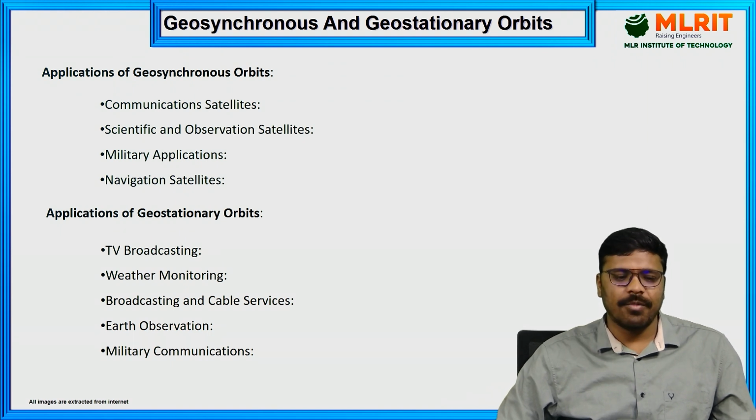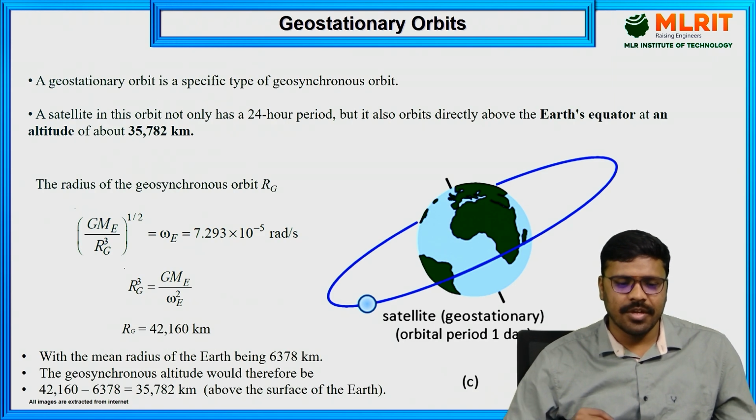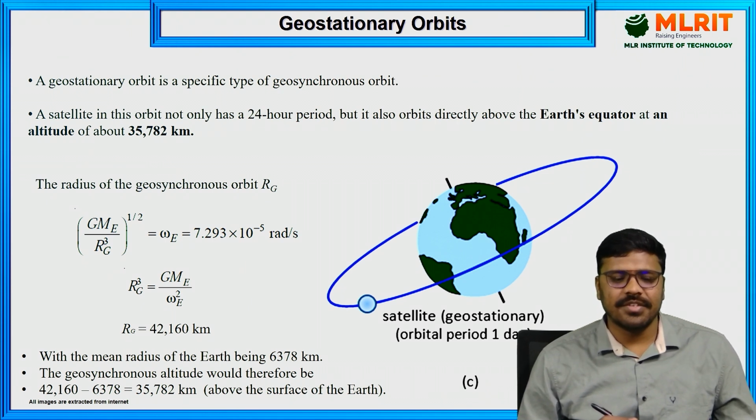Next, coming to the applications of geosynchronous and geostationary orbits. Before that, we need to discuss some more points about geosynchronous and geostationary orbits. What are the differences between geostationary and geosynchronous orbit? We have to discuss that.